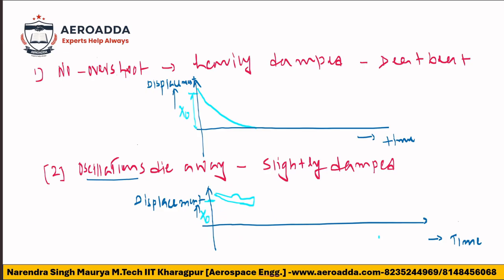But as the time is increasing, it will start oscillating, but slowly and slowly will achieve its original condition. Later on, it will have a zero amplitude. I hope you all understood.